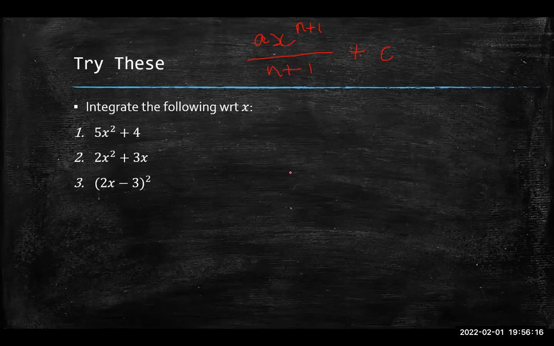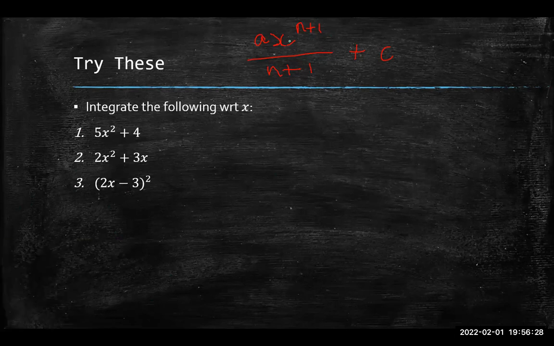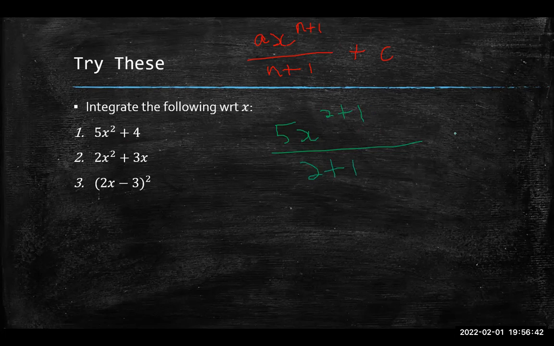Yeah, that's correct. So first person, Jano. Good job. You can move on to the second one. So just to pick up the pace a little bit, all I'm doing is following my rule. So this is 5x to the n plus 1, and in this case n is 2. So that's 2 plus 1, and I'm dividing by 2 plus 1.